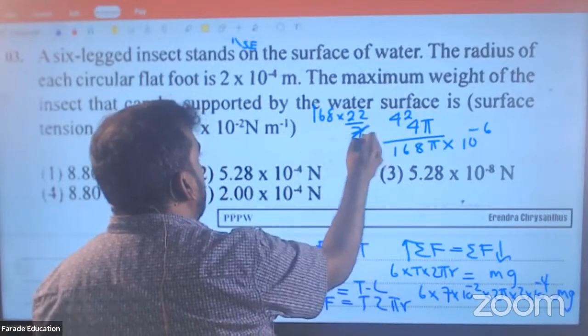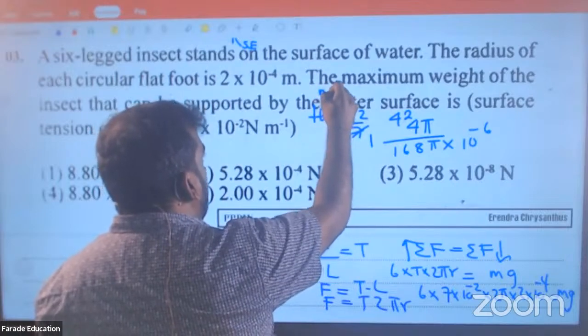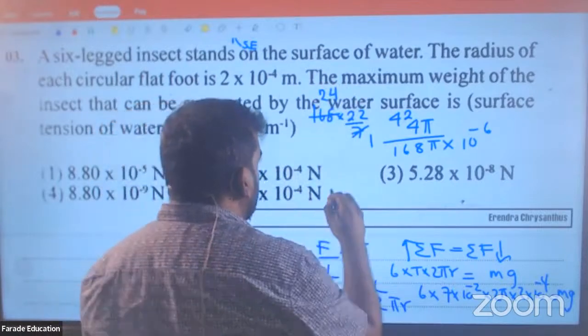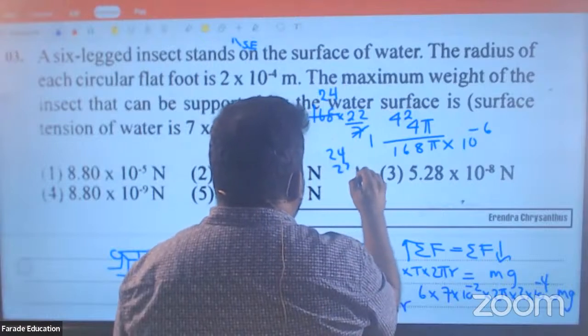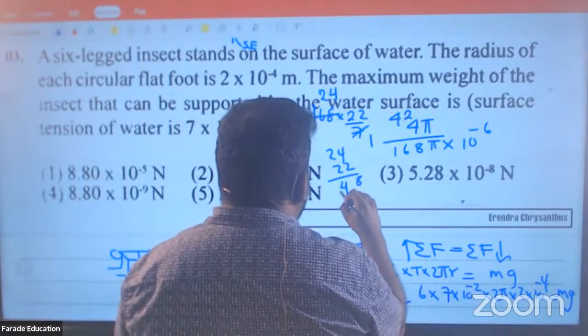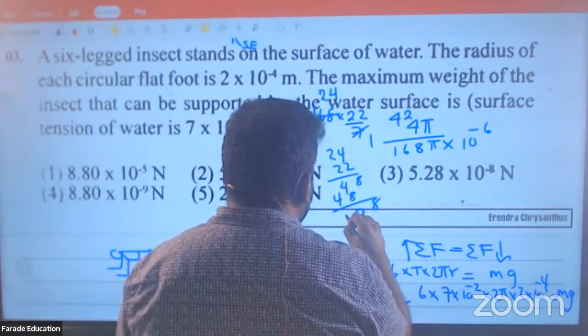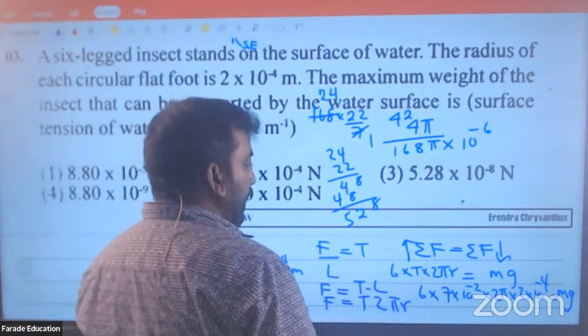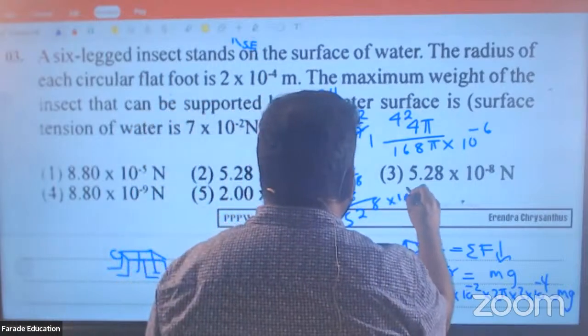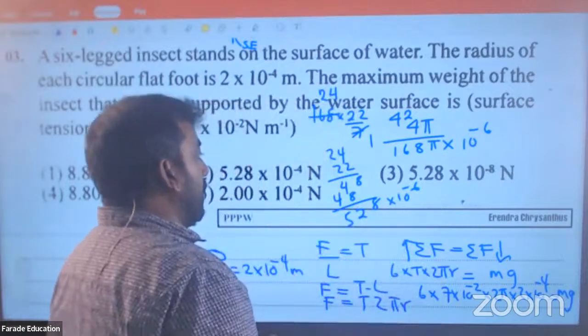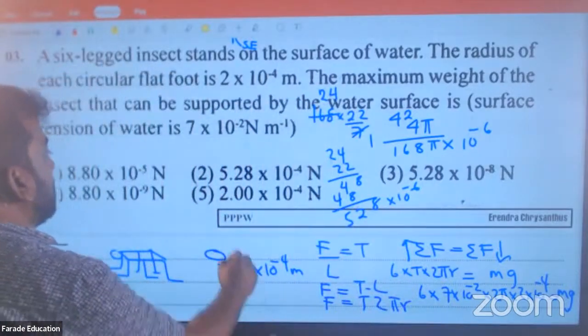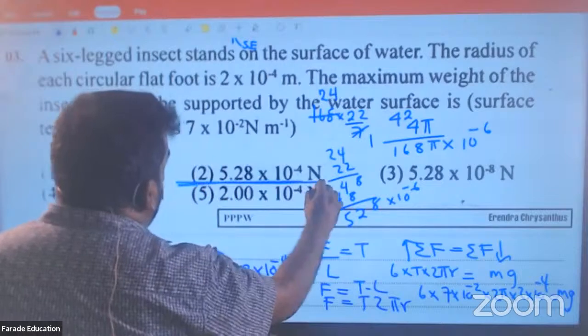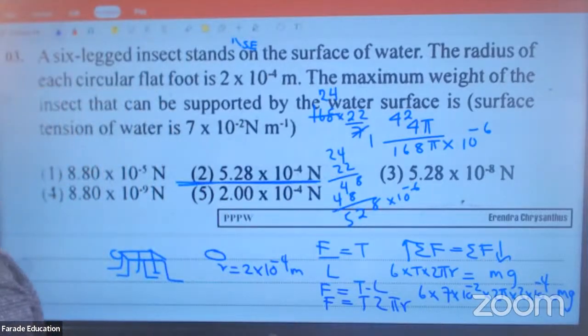Let's divide. 2, 28, you have 4. 24 into 22, 8, 4. 528 × 10 to the power minus 6. 2 decimal places, 5.28 × 10 to the power minus 4. Correct answer is answer number 2.